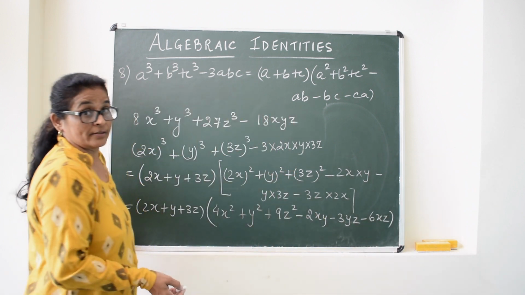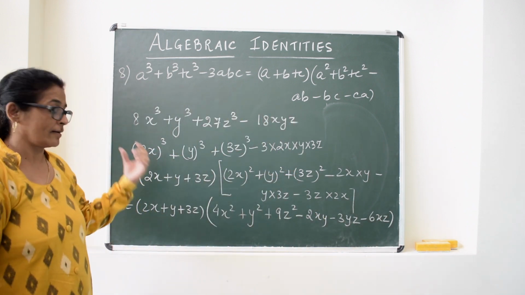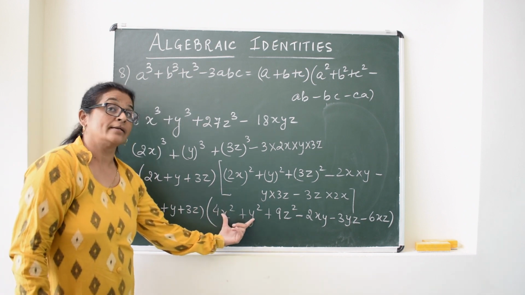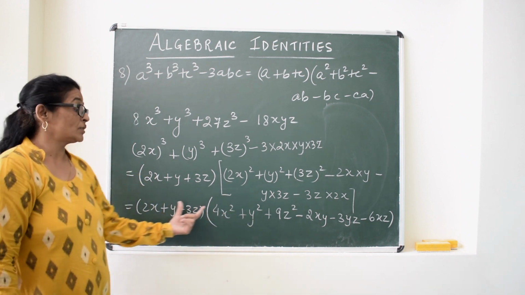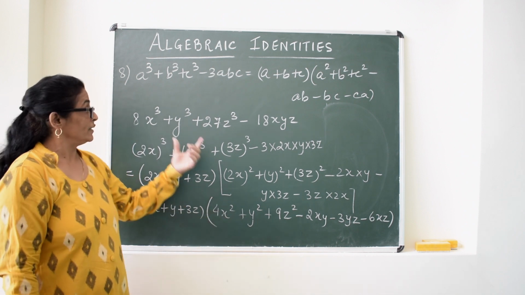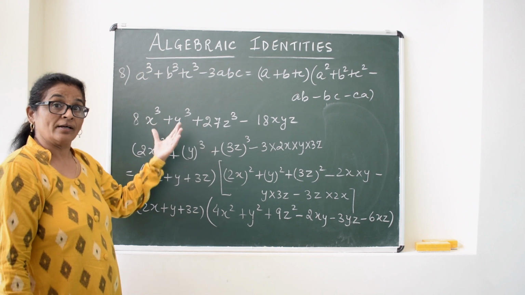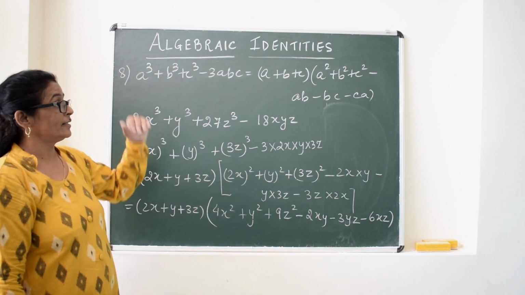So the two factors of the given expression are, this is the first and this is the second, because they are written in the form of the product of two factors. So in this case, the expression is given and we have factorized it. So this is the last identity.